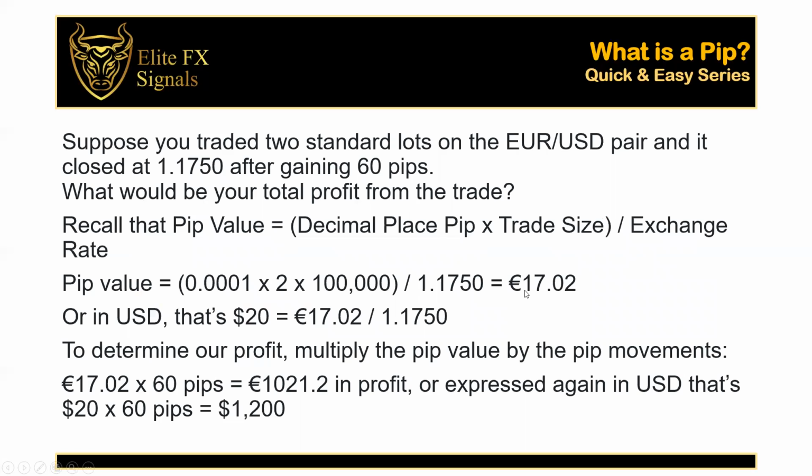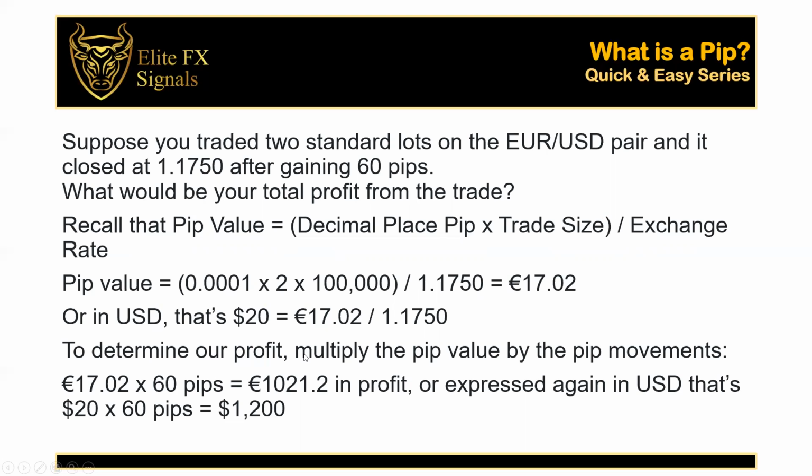That gives us a pip value of 17.02 euros, or if we translate that in USD, remember we said one standard lot in dollars is about $10 per pip. So trading 2 lots, that would give us $20 per pip.